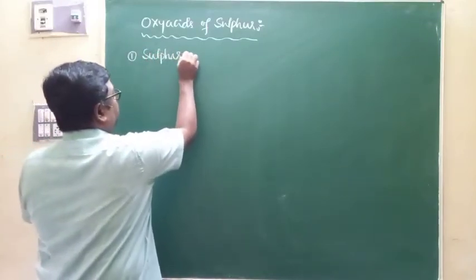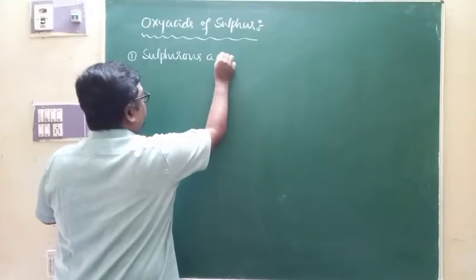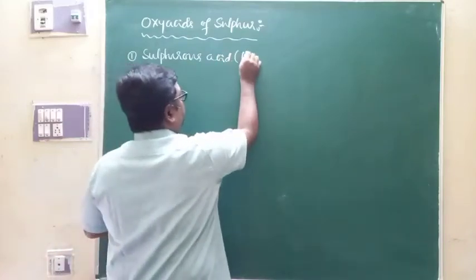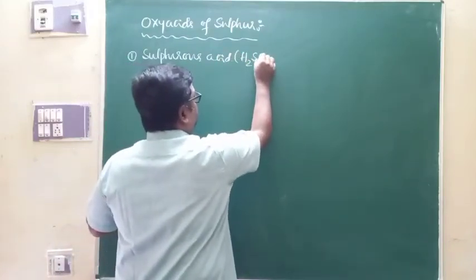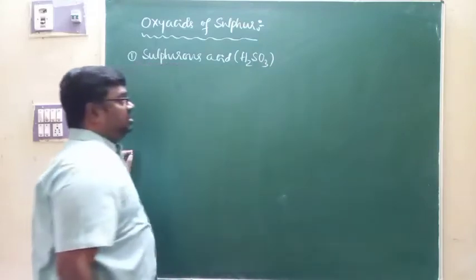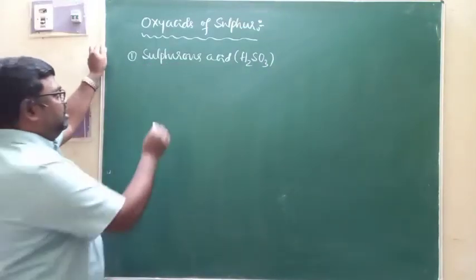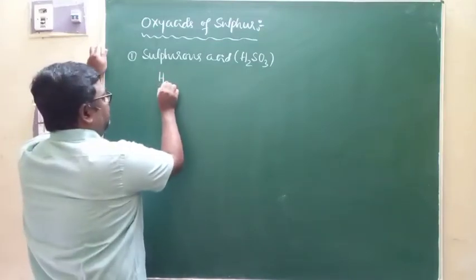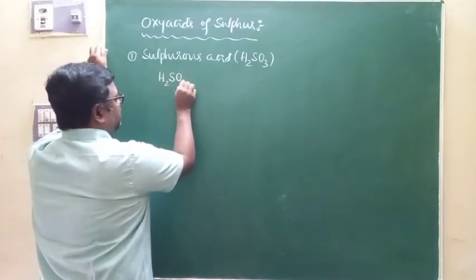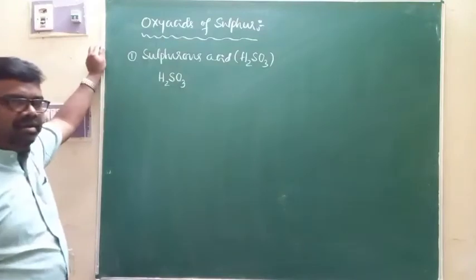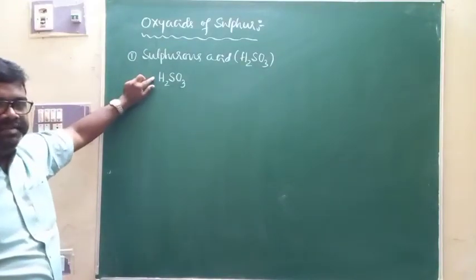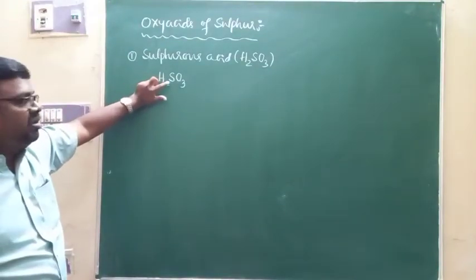The first oxyacid is sulfurous acid. Its formula is H2SO3. This is one of the oxyacids of sulfur. As far as oxyacids are concerned, we are supposed to study the basicity of the oxyacid and the oxidation number of the central atom.